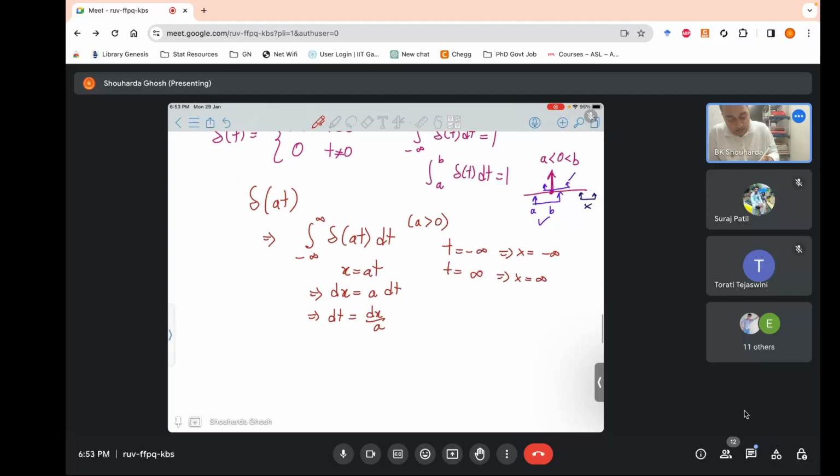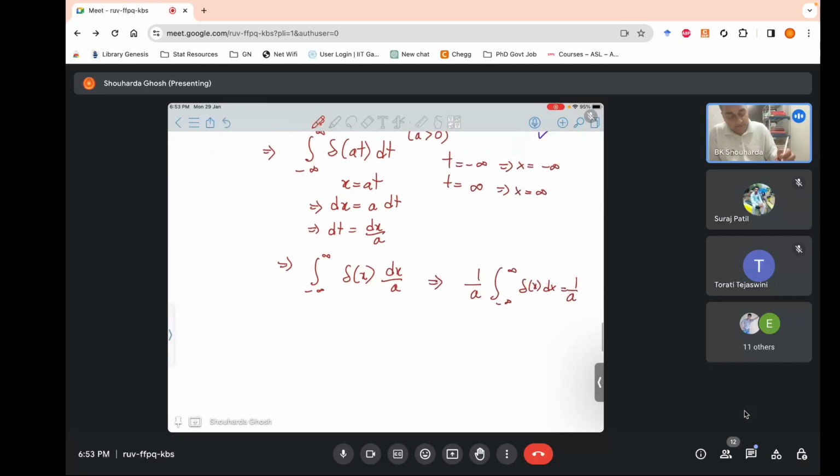Now when I substitute these limits, the integral of delta at dt becomes 1 upon a, integral minus infinity to infinity delta x dx, and that's 1 upon a.